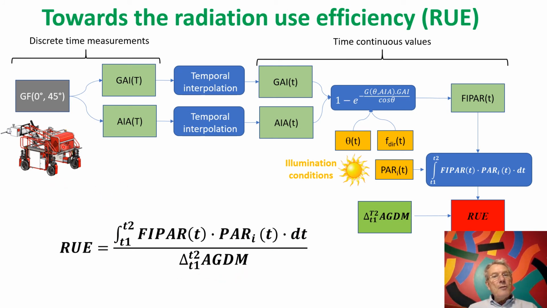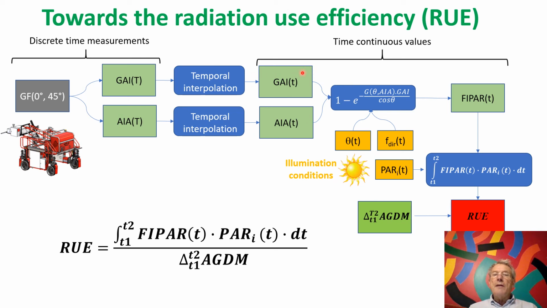So we start with the measurements here, for example, with the Phenomobile, of the green fraction at 0 degree and 45 degree. From that, we estimate at the time of the measurement the green area index and the average inclination angle. We interpolate those measurements with time to get continuous estimates of the green area index and average inclination angle.